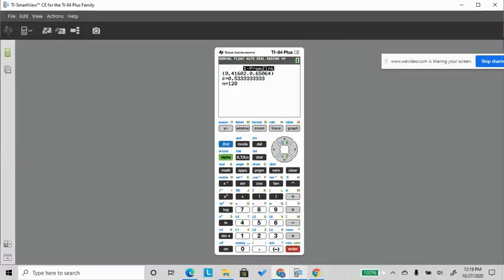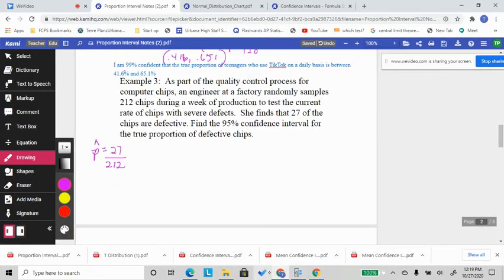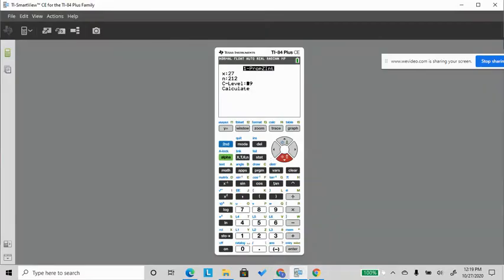I'm going to go to my calculator, do it first. Stat, tests, 1-PropZInt, 27 out of 212 are defective, and I think it was a 95. Enter, calculate.